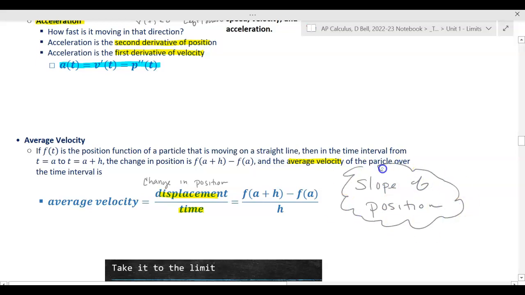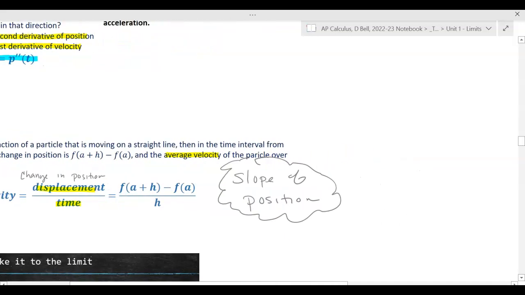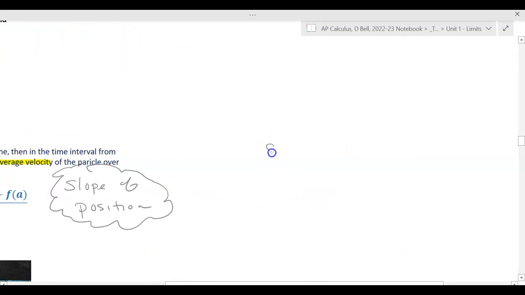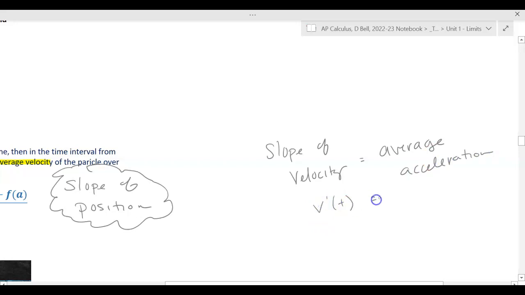Now this is important to note. Students always get this wrong. Average velocity is not the slope of velocity. Average velocity is the slope of position. If I were to find the slope of velocity, well, that would equal the average acceleration, because the slope of velocity is equal to the acceleration.